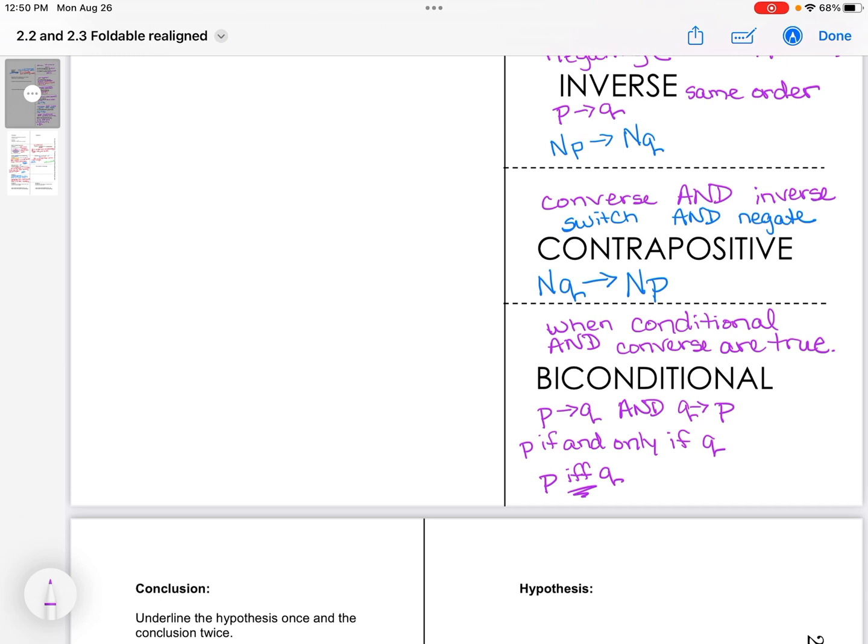Or you could put a P and a Q with double arrows, showing that it goes both ways. So you could use this one or this one, both correct.